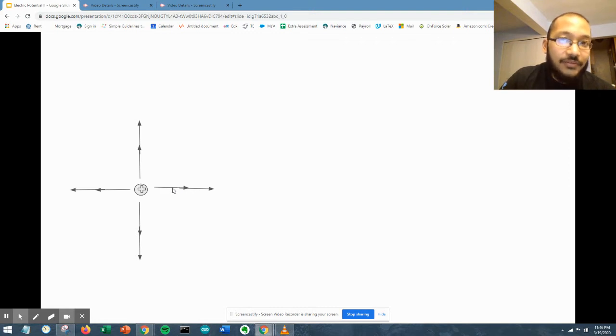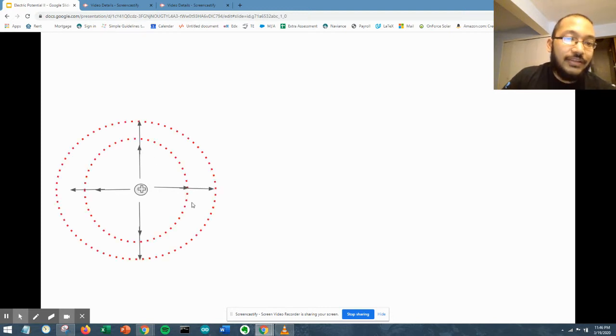Hopefully you can remember or think about it, but basically if I bring a positive charge from here to here, I'm changing the energy. But if I bring it from here to there, I'm not really changing the distance. It's radially symmetric.